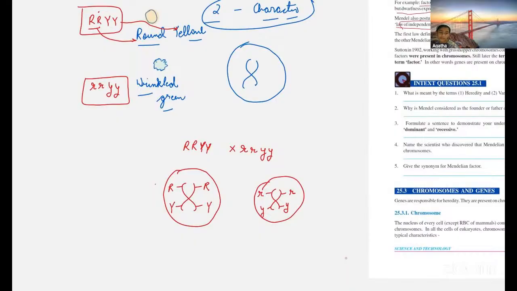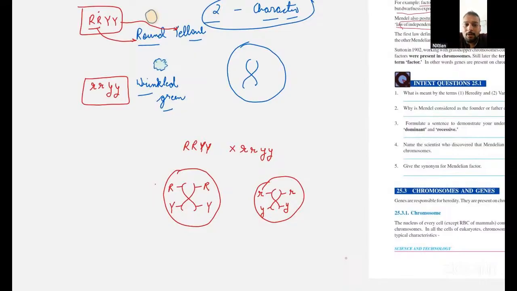But a round yellow will overtake the wrinkled green, right? Yeah, it will work over the recessive, like round and wrinkled. Which one is dominant? Round. So when the situation of capital R, small r comes, a round seed will be there because the dominant character is there.